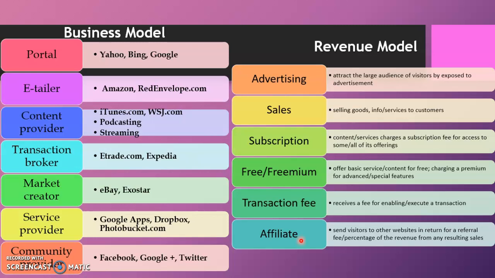If I click from the KFC site to Pizza Hut, you will go to the Pizza Hut website. So the KFC site will get the referral fee because it sent the visitors to others.